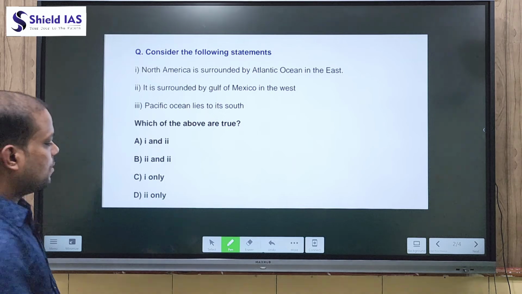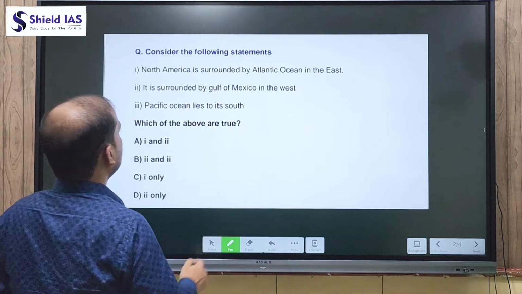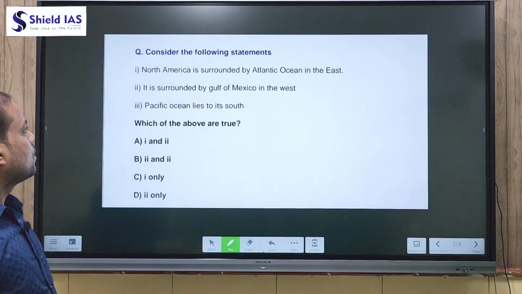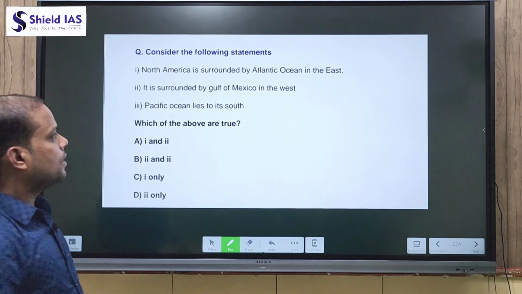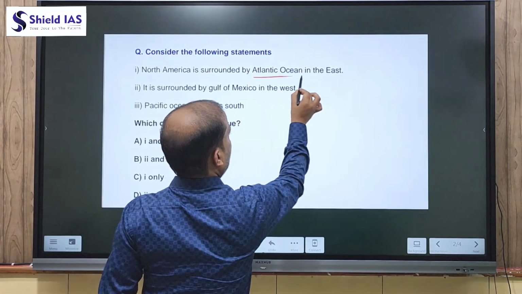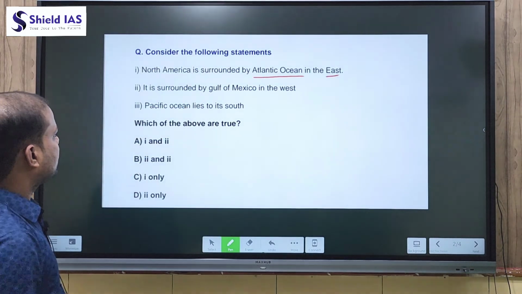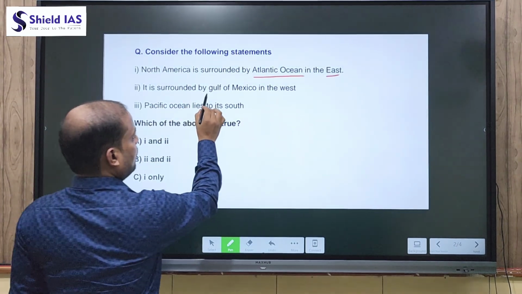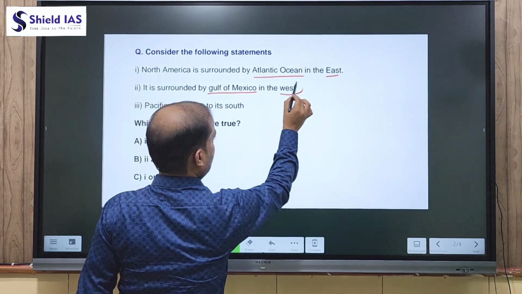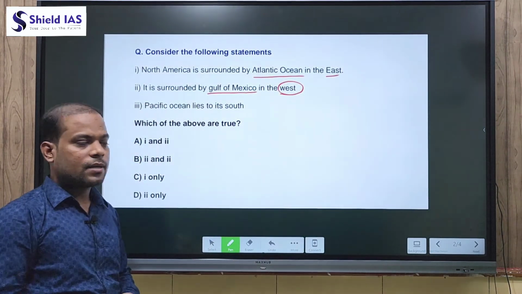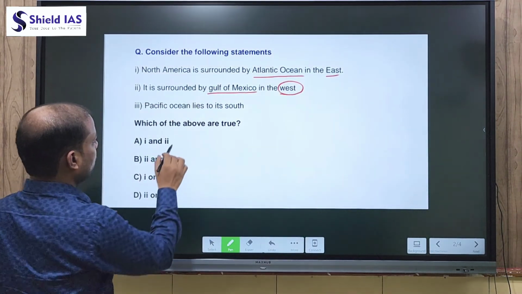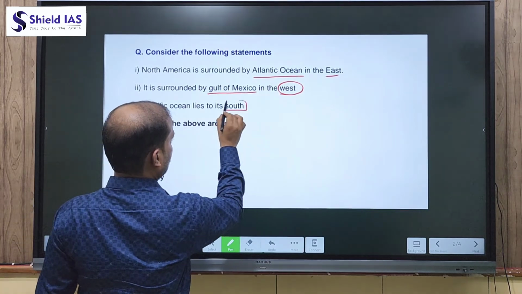Consider the following statements. Statement 1 says that North America is surrounded by the Atlantic Ocean in the east. Second statement says that it is surrounded by the Gulf of Mexico in the west. And third statement, the Pacific Ocean lies in the south.